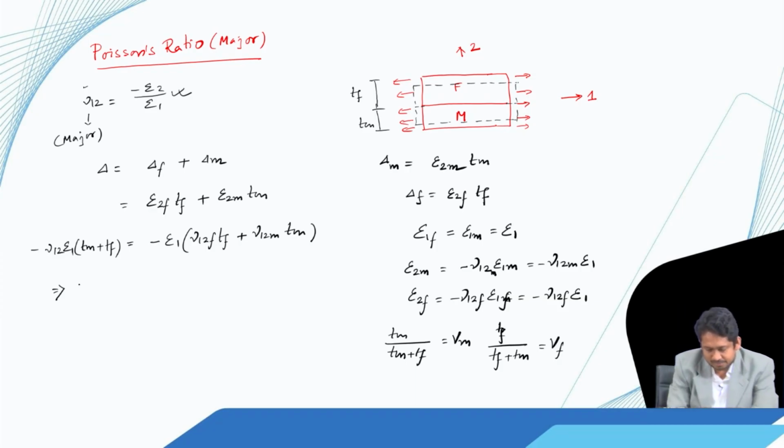So, with that said, we can write now the equivalent major Poisson's ratio for the composite nu 1 2 as nu 1 2 f multiplied by V f plus nu 1 2 m multiplied by V m.